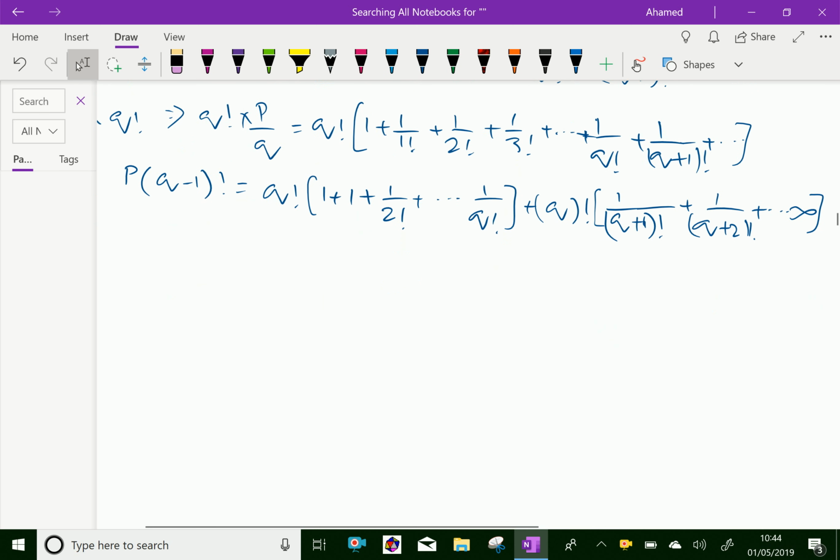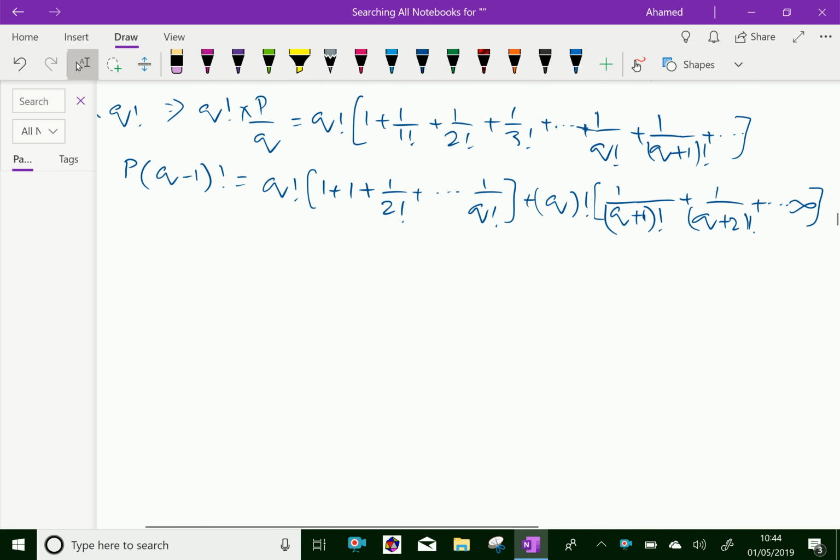Now the first part, q factorial into 1 plus 1 over 1 factorial up to 1 over q factorial, is an integer. If you multiply throughout, the q factorial will cancel and the rest of the things become an integer.